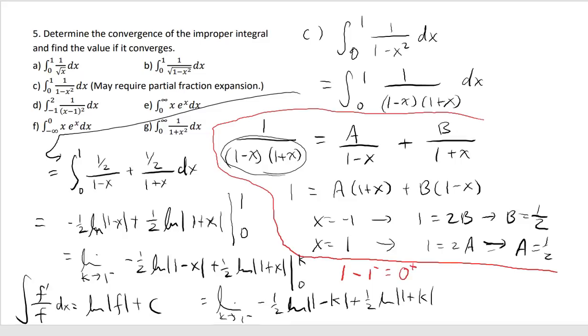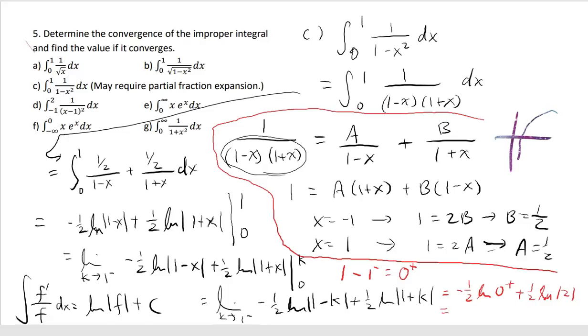So at the end of the day, you get negative 1/2 of ln of 0 plus 1/2 ln of 2. If you recall the graph of log of x, it goes to negative infinity as you go towards 0.